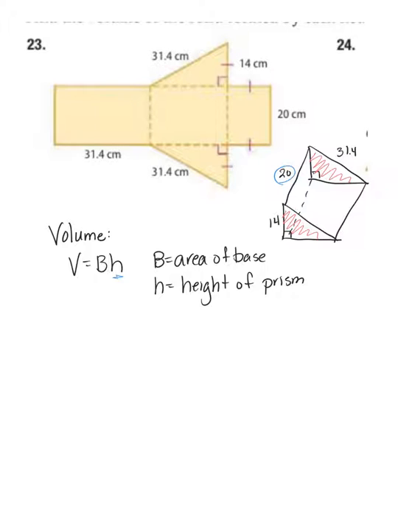All right, so for our formula, uppercase B is 1/2 the base times the height of the base, and then times the height of the prism. So let's fill in our values.